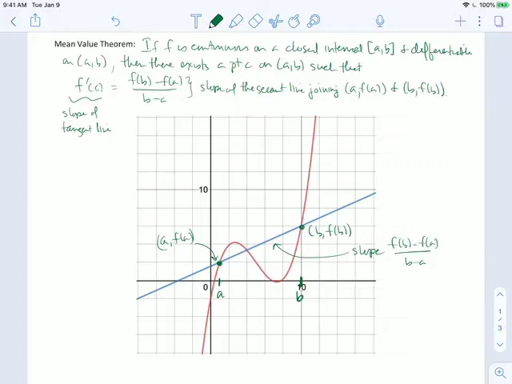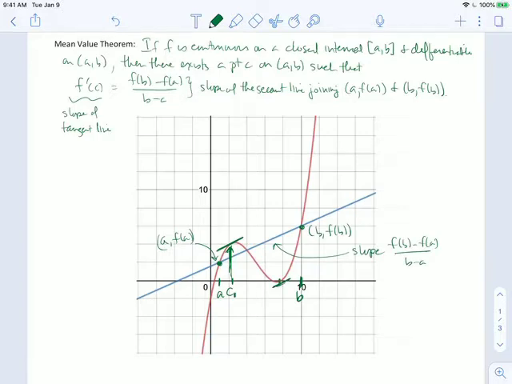And for this particular function, there are actually 2 points. If I look right here, say at this point, I'll call this c1. At c1, the slope of the tangent line is equal to the slope of the blue line, the secant line. Those lines are parallel, they have the same slope. And then I've got another one right down here.